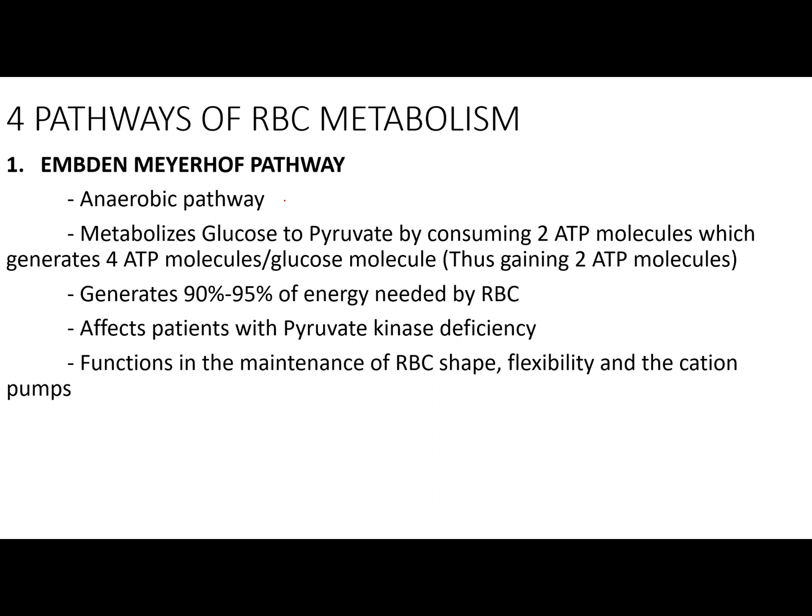They generate 90 to 95% of energy needed for your RBC. They affect patients with pyruvate kinase deficiency. Functions in the maintenance of RBC shape, flexibility, and cation pumps. So please copy.